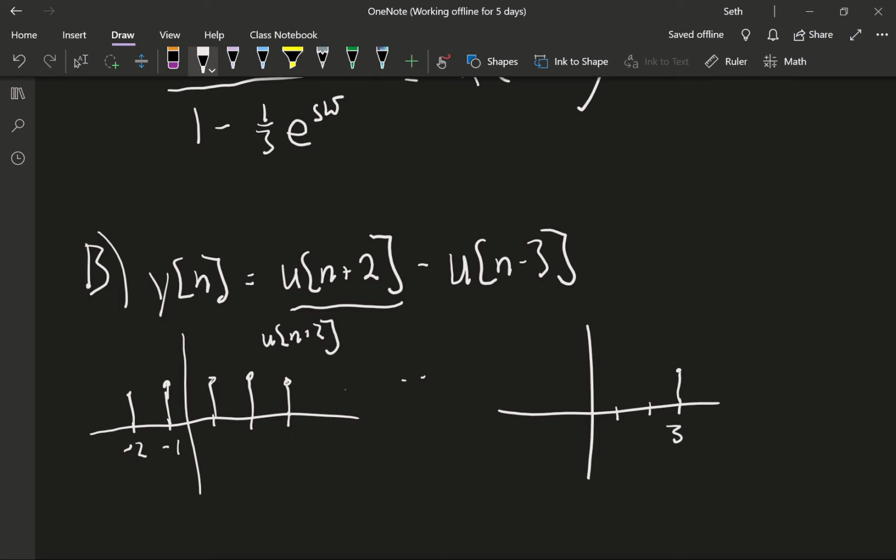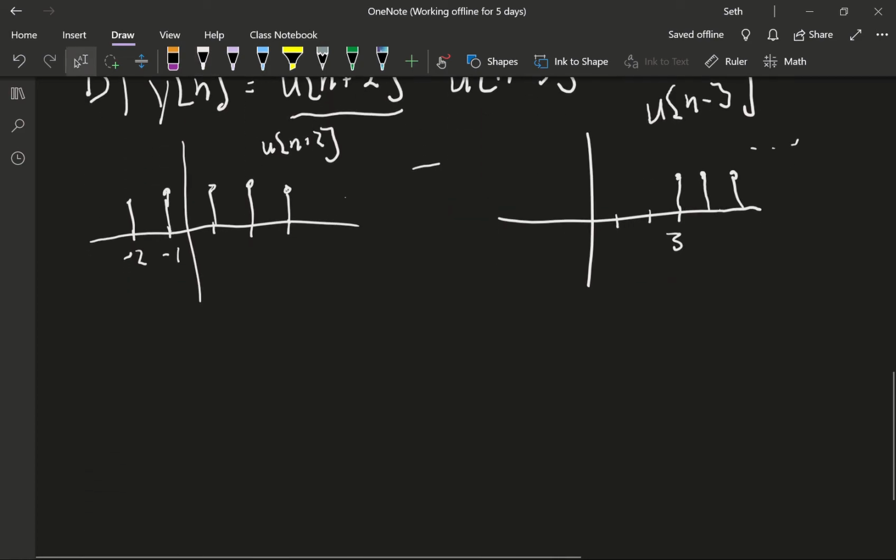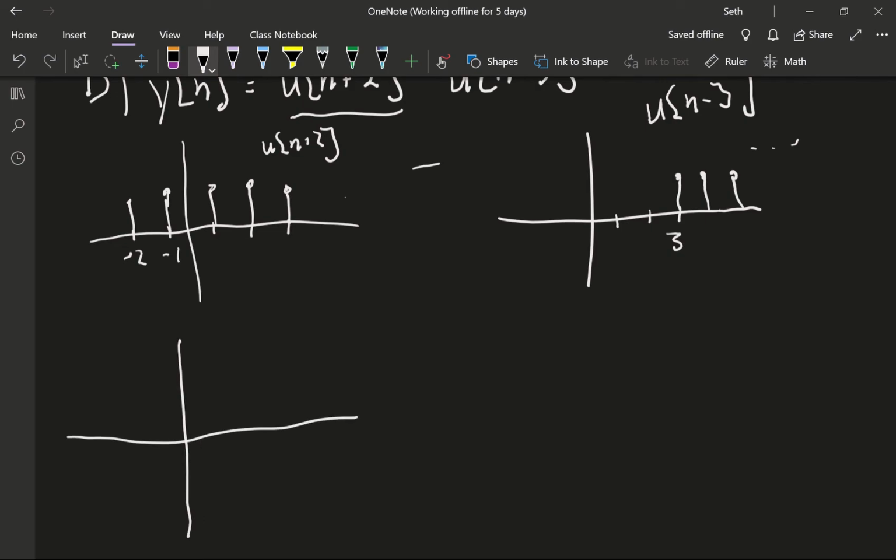It's a shifted unit step. If we subtract these, we will get minus 2 here, minus 1, and this is y of n.